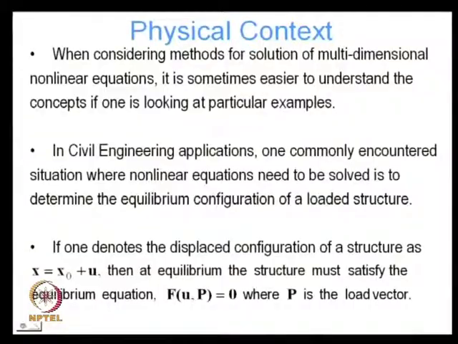So, we are going to look at the multidimensional Newton algorithm, convergence and things like that in a physical context. In civil engineering applications, one commonly encountered context for solving nonlinear equations is when we want to determine the equilibrium configuration of a loaded structure, provided that the loaded structure is behaving in a nonlinear fashion.